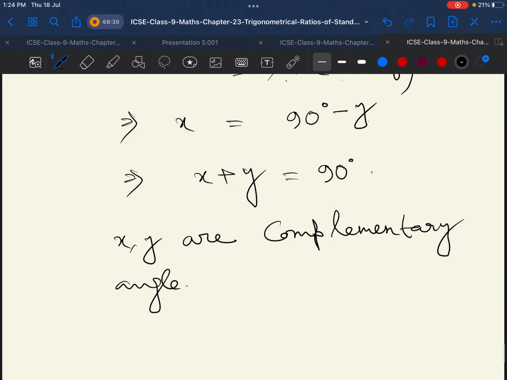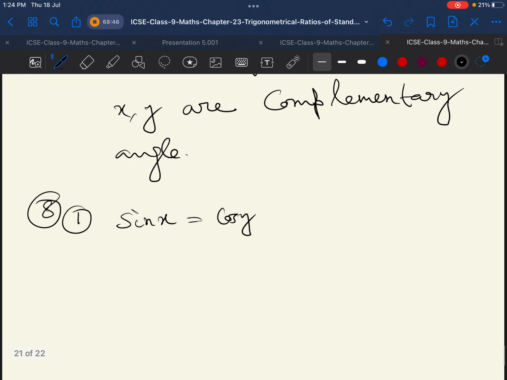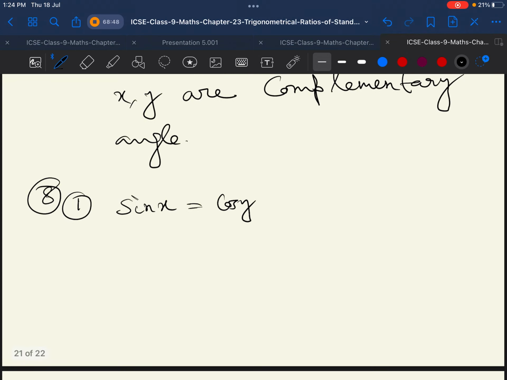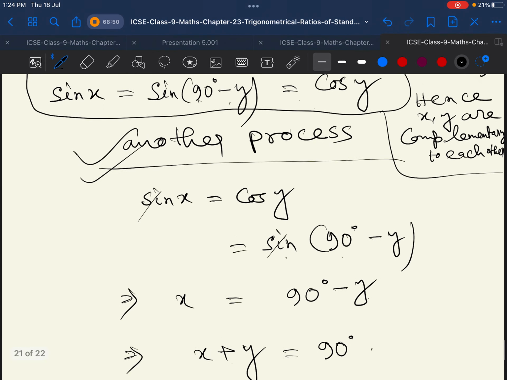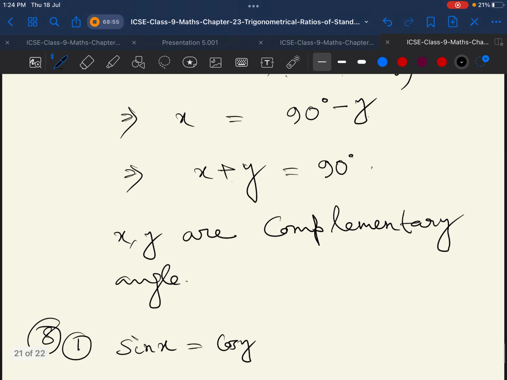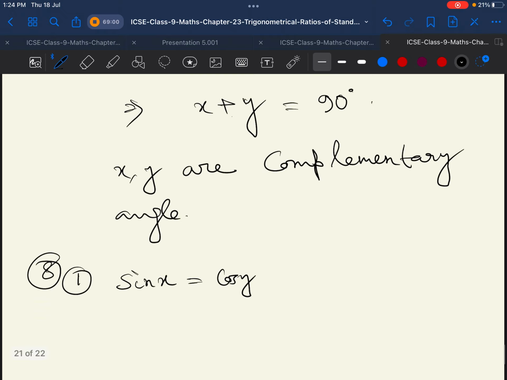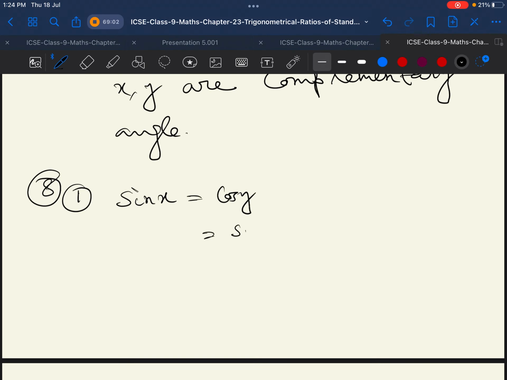Both are easy. Now question number 8. First question: sin x equals cos y, then x plus y equals 45 degrees. Write true or false. Here we see that sin x and cos y are equal, then x plus y always equals 90 degrees.